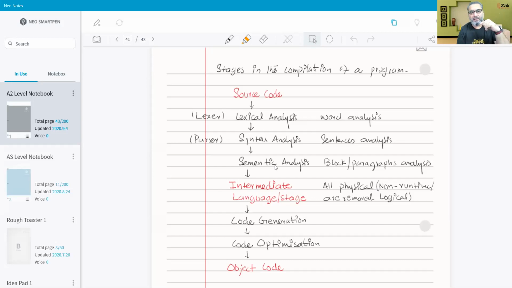So such things can be checked at semantic analysis, but at semantic analysis, it is more important to understand that it is actually checking the formation of the block: if and end if, for, next, while and end while, start program and end program, as in start module and end module, procedure and end procedure, things like that. All right.